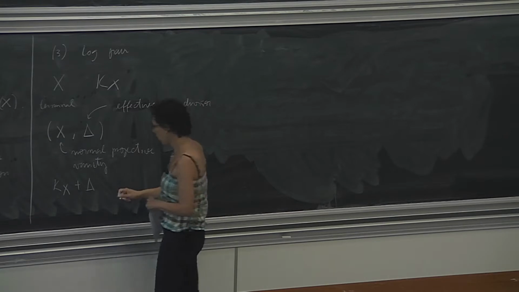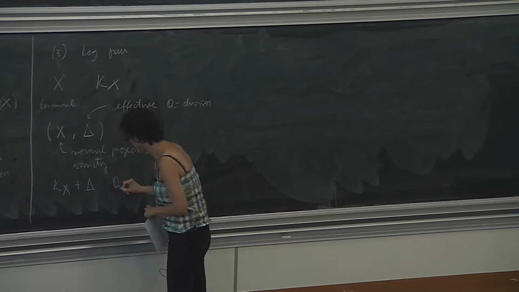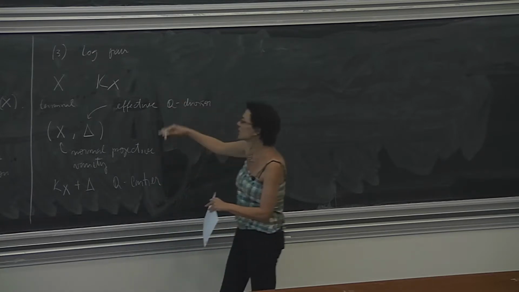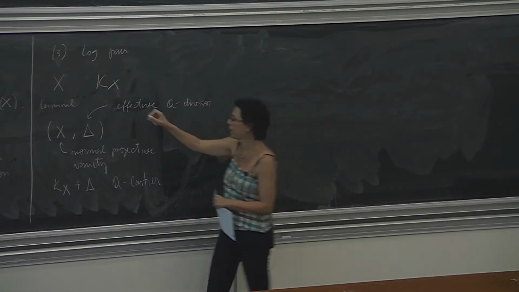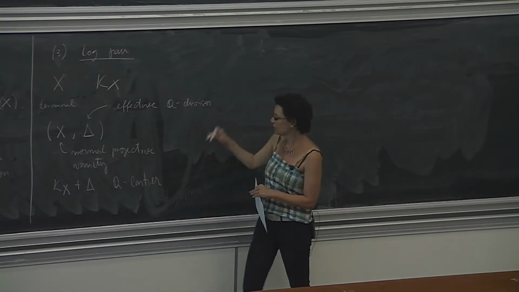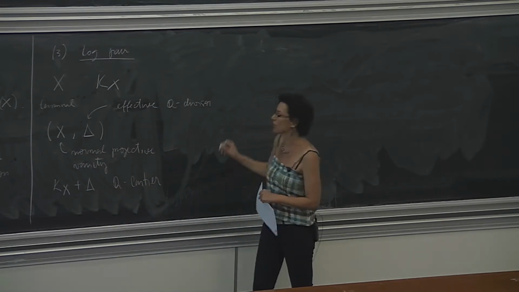And we always require that this is Q-Cartier. So this is what I call a log pair: a normal projective variety and an effective Q-divisor satisfying this property.